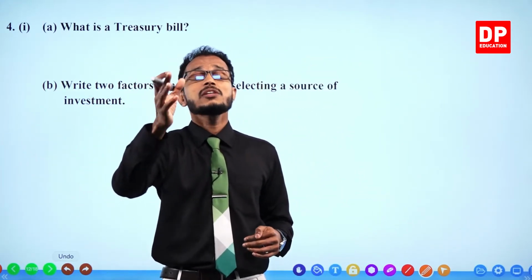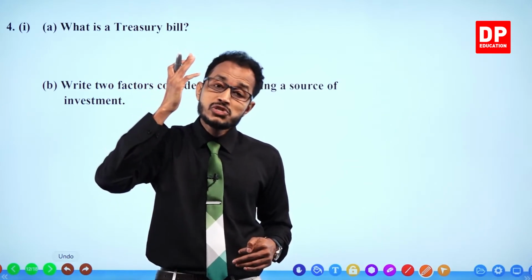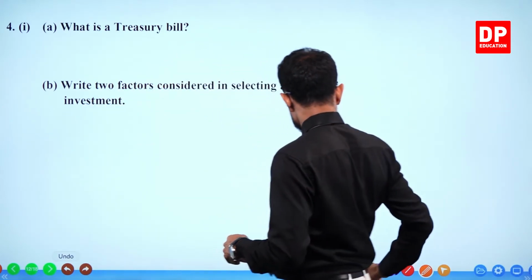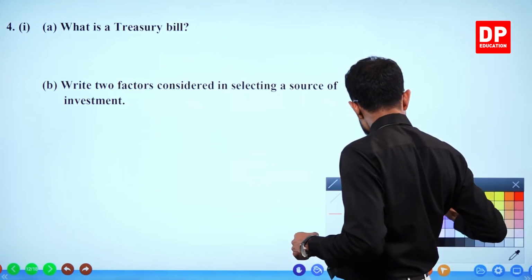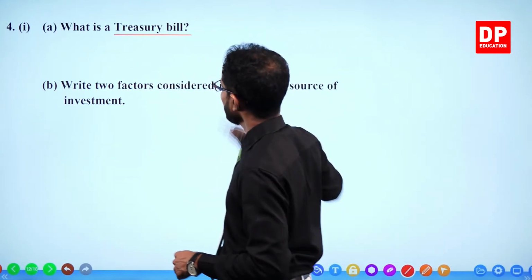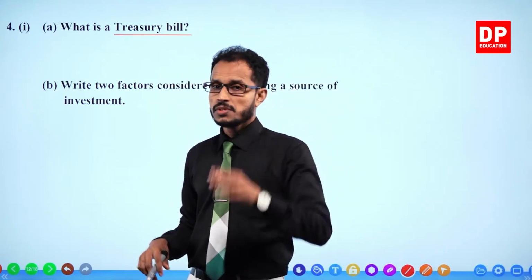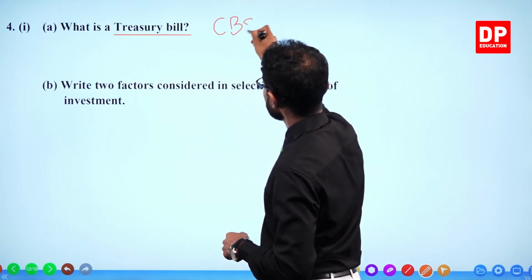But commercial banks are not the institution that issues treasury bills. They don't issue treasury bills. No. Treasury bills are issued by the Central Bank of Sri Lanka, CBSL.